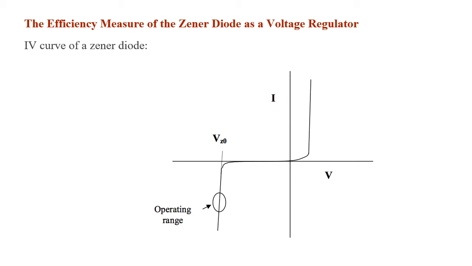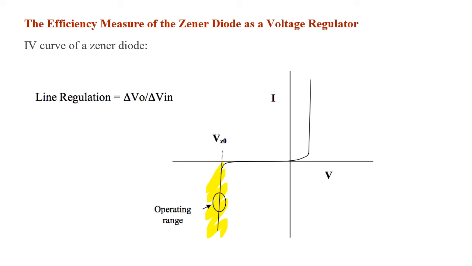When we're using the Zener diode as a voltage regulator, we're depending on this part of the IV curve as our operating range. Observe that the line here is not exactly vertical, but rather it has some slope. Thus, we need to introduce a new definition, which is the line regulation.